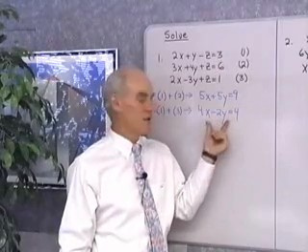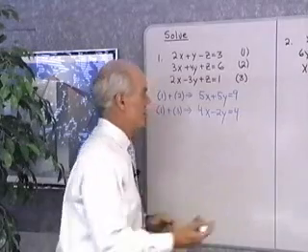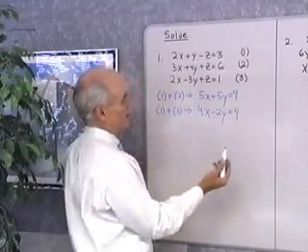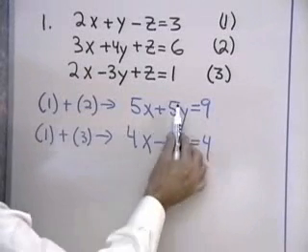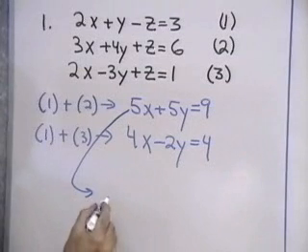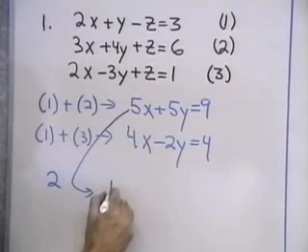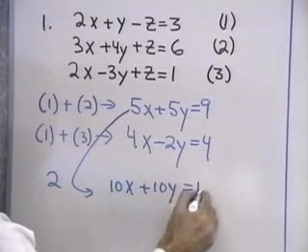Now I can solve this system for x and y in the same manner that I solved the systems in the previous section. So let's decide that we want to eliminate y from this pair of equations. I'll multiply this first equation by 2, and I'll have 10x plus 10y is equal to 18.